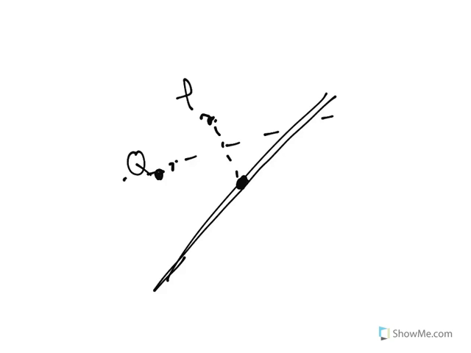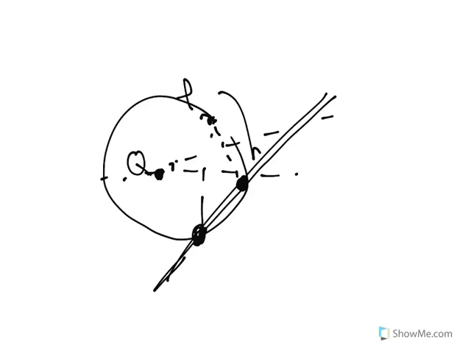And the other one, which is over here, if that's my fold, and I make the perpendicular through that fold to get the actual P point. Those 2 points that you can fold P to so that the fold goes through Q, those are the 2 points that would intersect the circle.